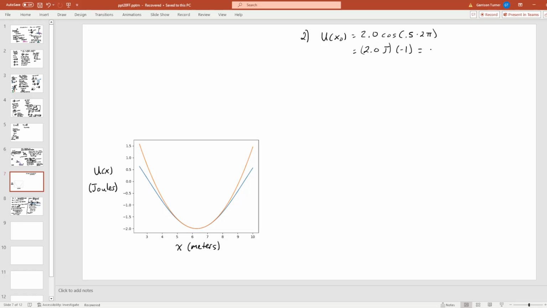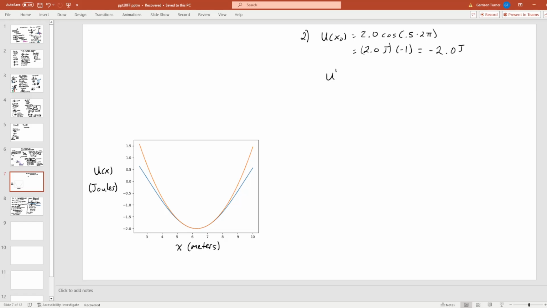So our function evaluated at the equilibrium position is going to be negative 2. Okay, and if we're very careful, we keep our units here.